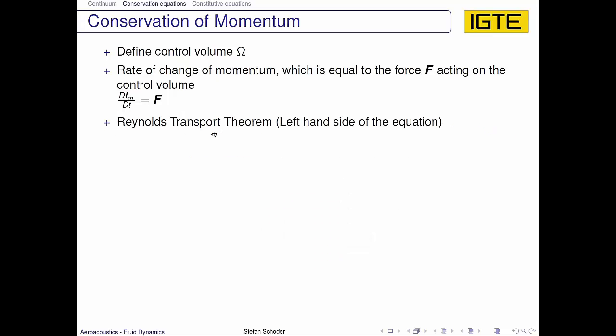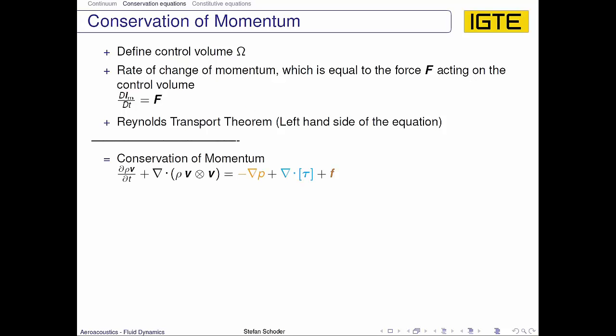Based on the definitions of the forces, we then additionally need the third ingredient, which is the Reynolds transport theorem, which derives the left hand side of this equation. Before, we looked at the forces on the right hand side of the equation, and now we look at the left hand side of the equation. The left hand side will be transformed by the Reynolds transport theorem.